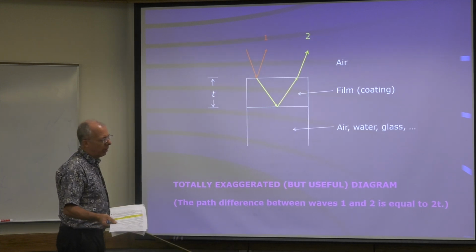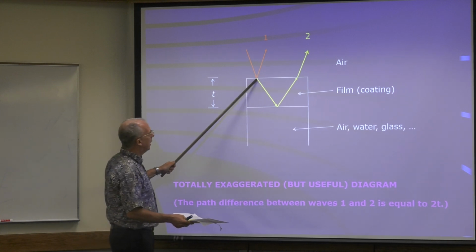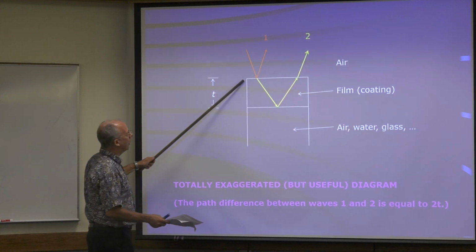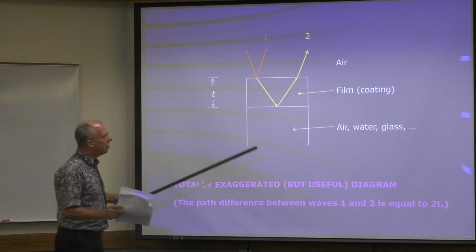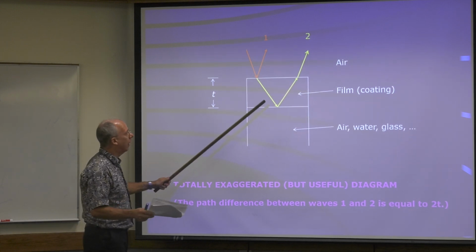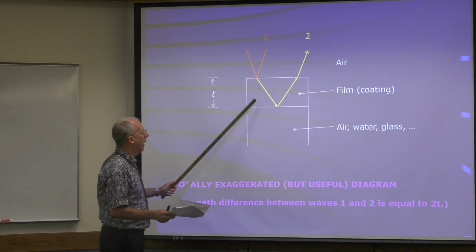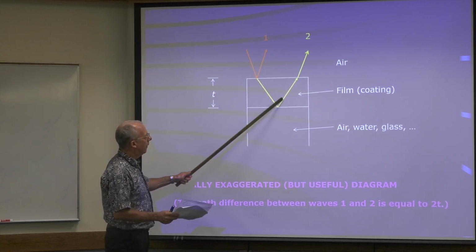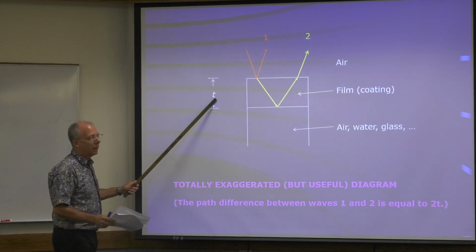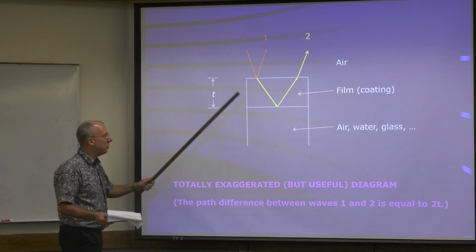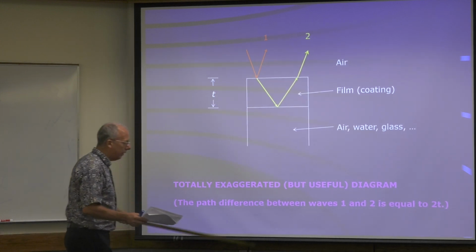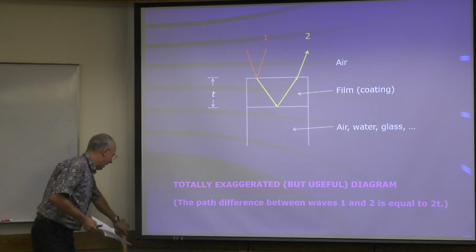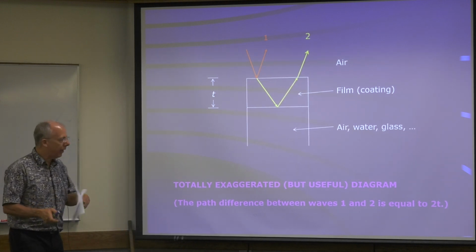Well, you look at that and say, Brother Weber, you're crazy, because obviously this distance is longer than this distance. But remember, this is a totally exaggerated drawing, okay? So again, we're saying that this distance here is just equal to 2t. And in reality, it really is. We're just exaggerating this wildly just to make it easy to analyze.